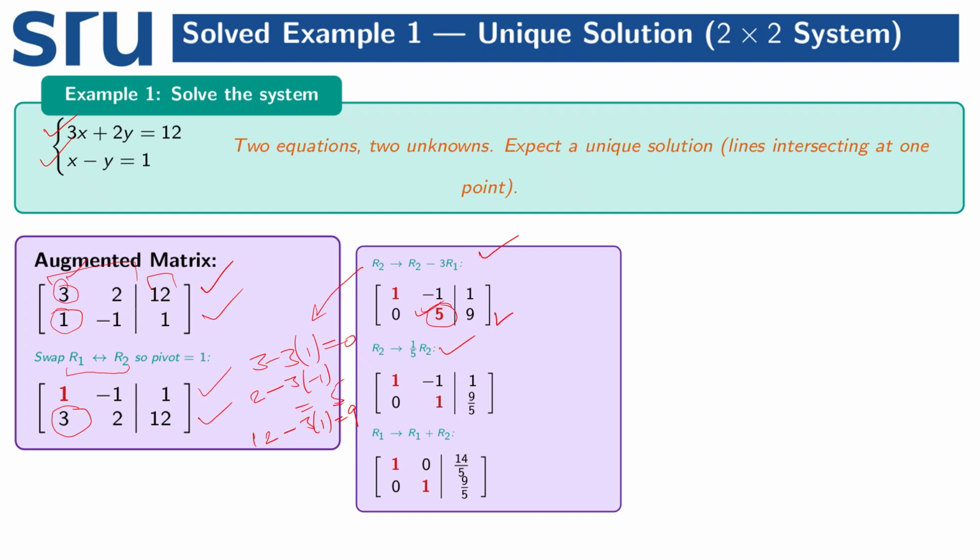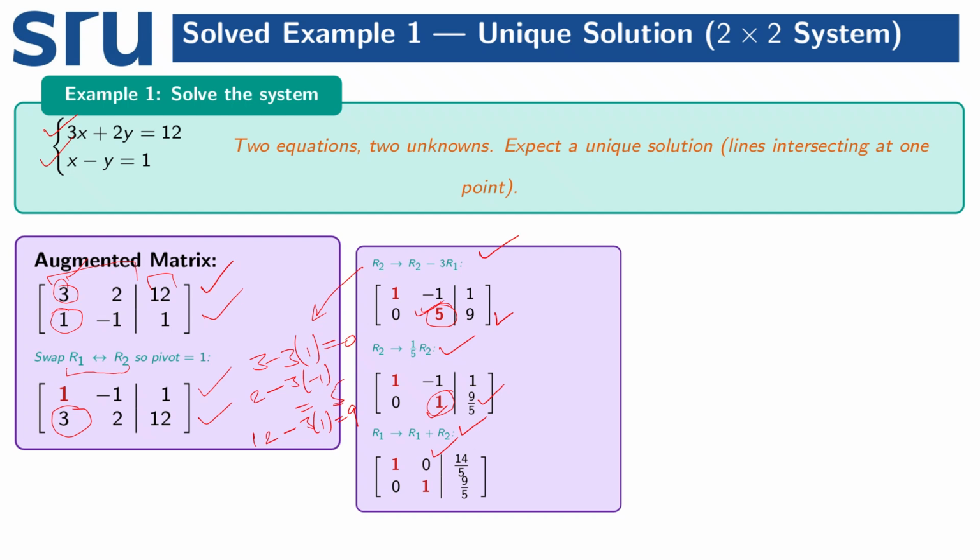So this entry becomes 1, this becomes 9 by 5. Now make 0 above. This is our next task. So we can simply add row 1 with row 2, or you can say that we have applied the operation R1 changed to R1 plus R2. So this term becomes 0. So the final matrix is 1, 0, 14 by 5 in the first row and 0, 1, 9 by 5 in the second row.